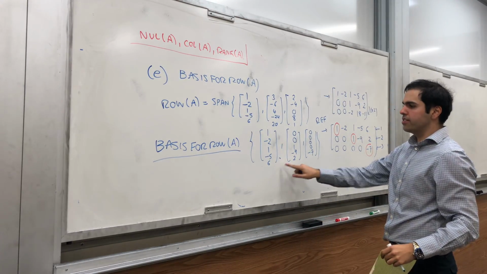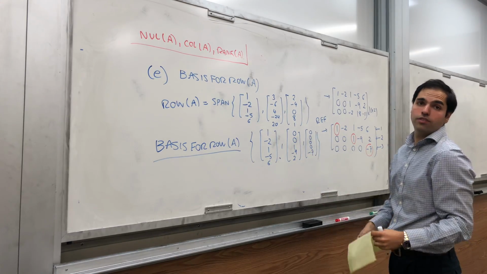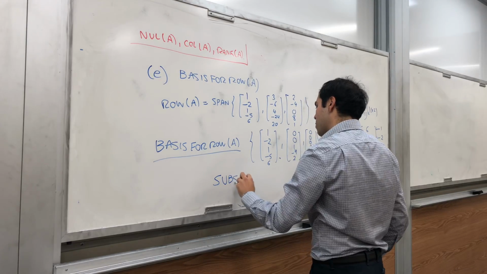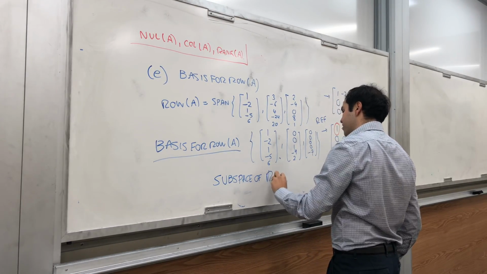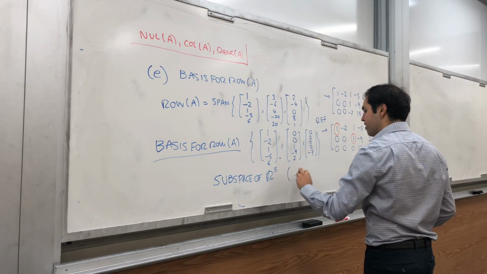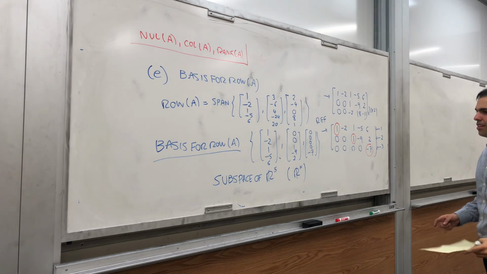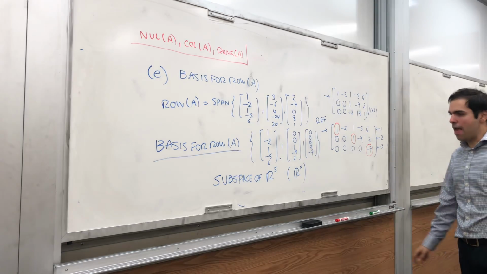In this case, each vector has 5 components, so it's a subspace of R5 here, which in this case is n. So in general, it's a subspace of Rn. Okay. Whereas, careful, the column space was a subspace of Rm.